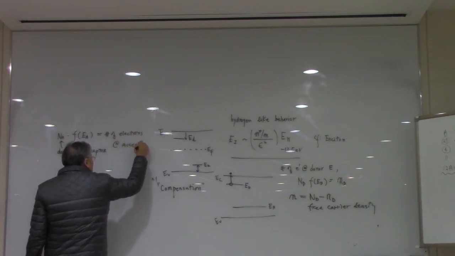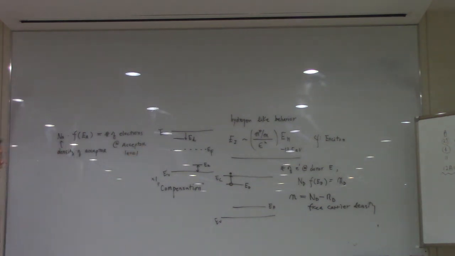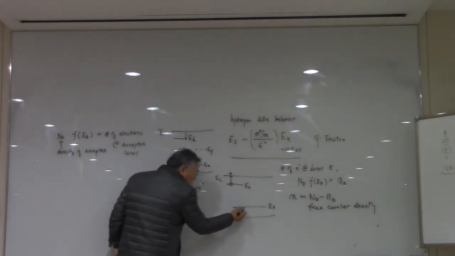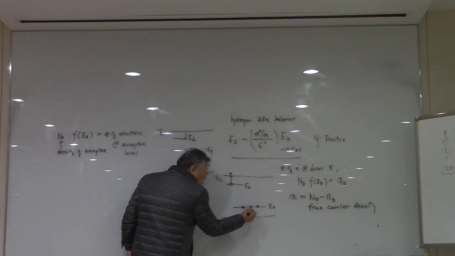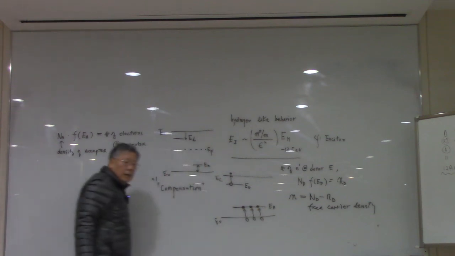Right? And these electrons, which are sitting here, where do the electrons come from? They all come from the valence band. Okay?